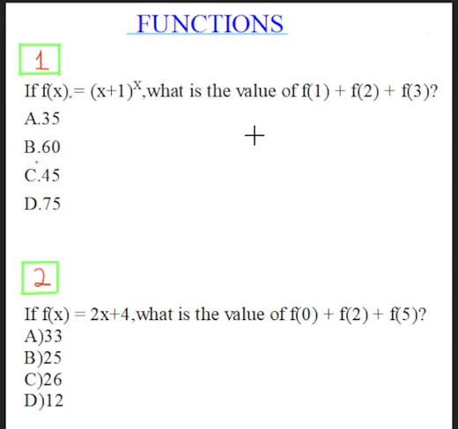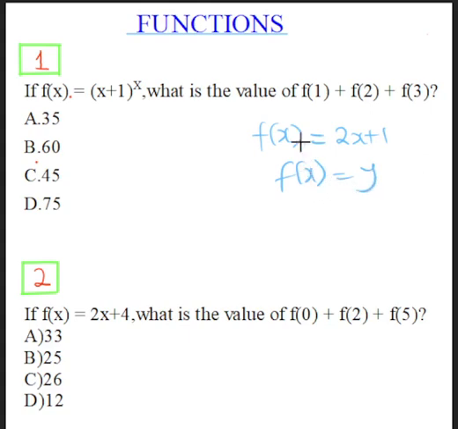For functions, for instance, it is always written in the form f of x is equal to something. Okay, maybe 2x plus 1 or something of that nature. Now f of x is also equal to y, right?